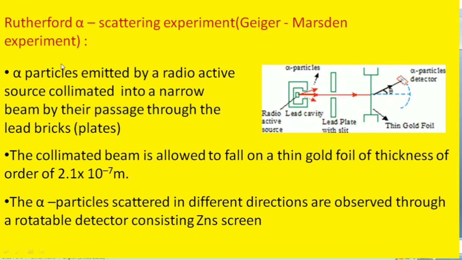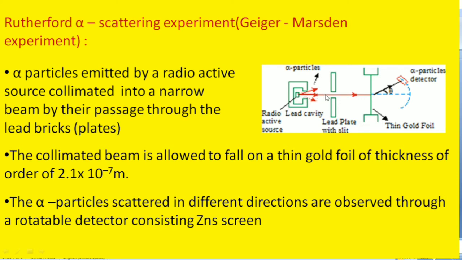The next model is based on the Rutherford alpha scattering experiment. After that, the next scientist came, Rutherford, and his students Geiger and Marsden did an experiment. This is the experimental setup shown in the diagram. Follow the arrow mark: this is the radioactive source, and it emits alpha particles.